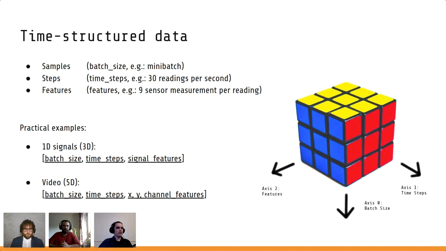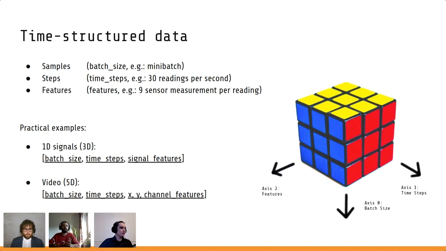And the third dimension we talk about is the feature dimension. Features are simply the information we have about each time step. For example, in natural language processing, a word could be represented by 300 features using word2vec. In the case of signal processing, it would be the actual signal values.